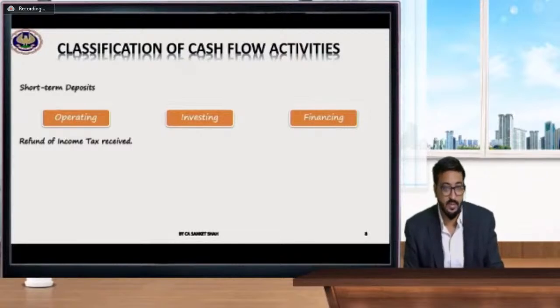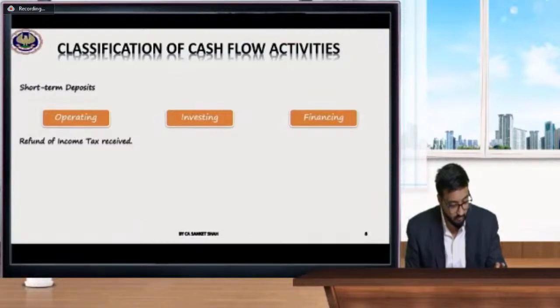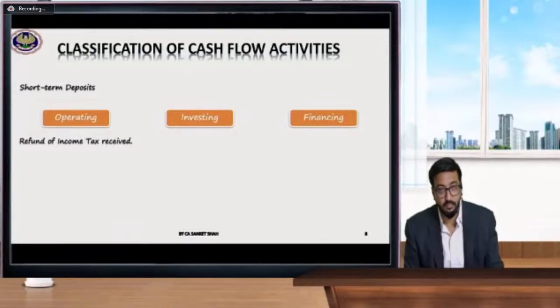Short-term deposits. Which activity? Number two. Short-term deposits. Tell me which activity. So the correct answer for number two. You don't have to write full words beta.